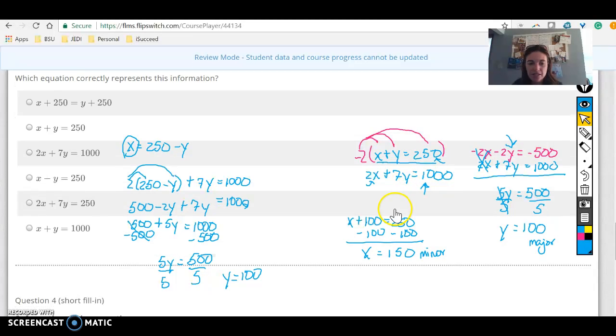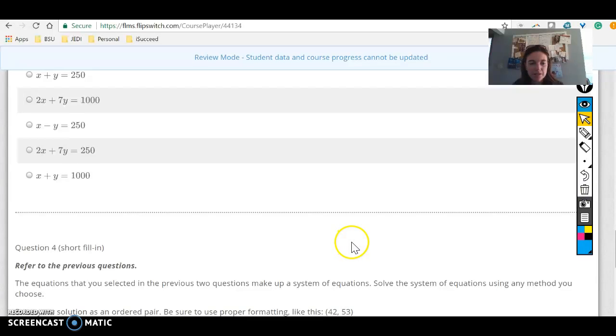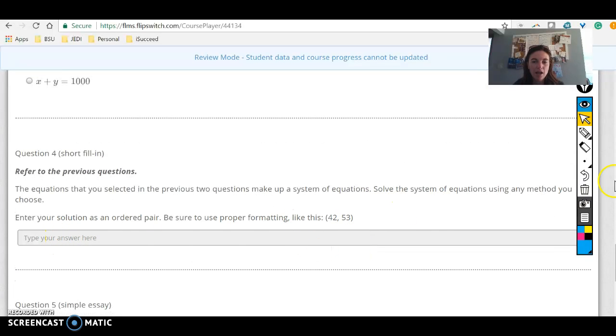All right, so then when I enter this in, x is 150 and y is 100, so I will type it in like this, 150, comma, 100. Okay, it's important that it goes in that way because x is 150 and y is 100, and you have to have them in the right order when you're entering in a coordinate like that.